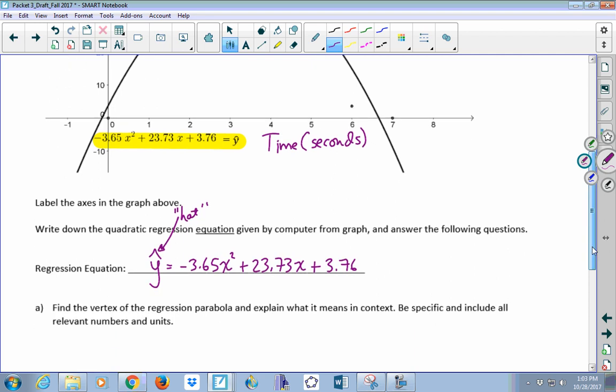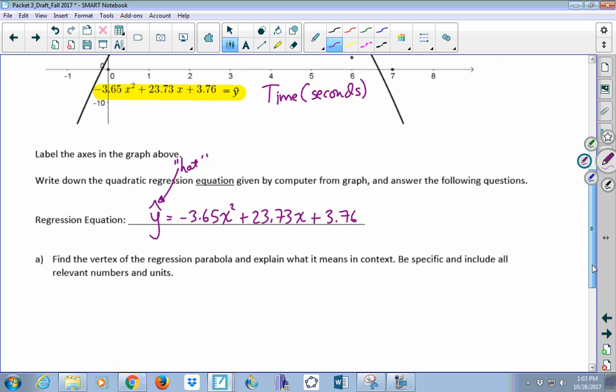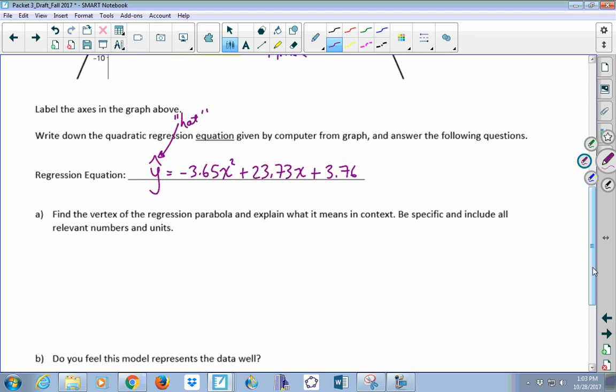Okay, so let's find the vertex of the regression parabola that's given by this equation and explain what it means in this context with this story. So we remember that the x value of our vertex is the opposite of b over 2a. In this case, that's negative 23.73 divided by 2 times negative 3.65.